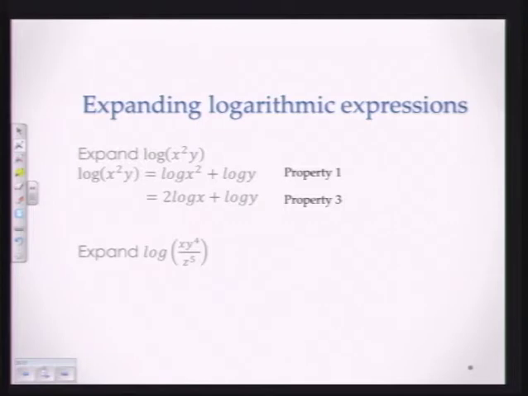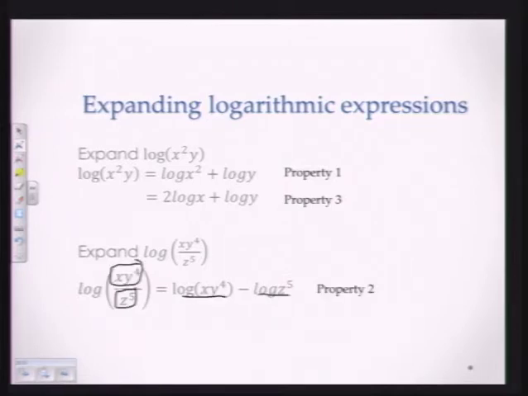Let's look at this one. We've got the common log, or log base 10, of x y to the 4th divided by z to the 5th. And so I can use my second logarithmic property and say that this is the common log of my numerator minus the common log of my denominator. And again, that is by property 2.